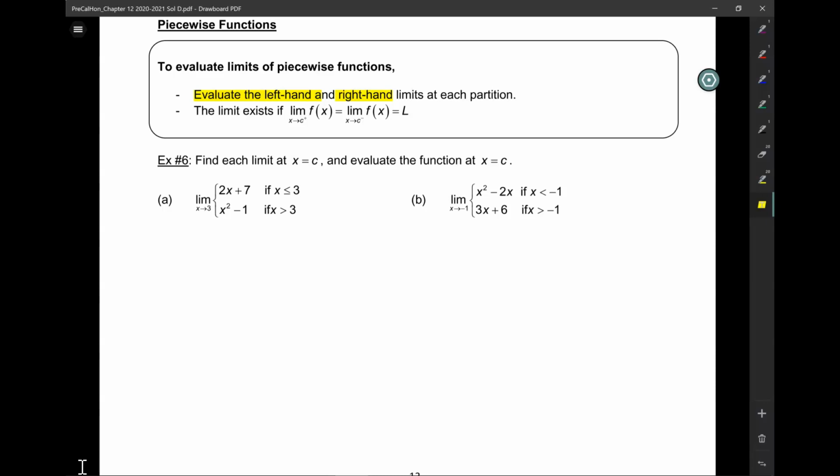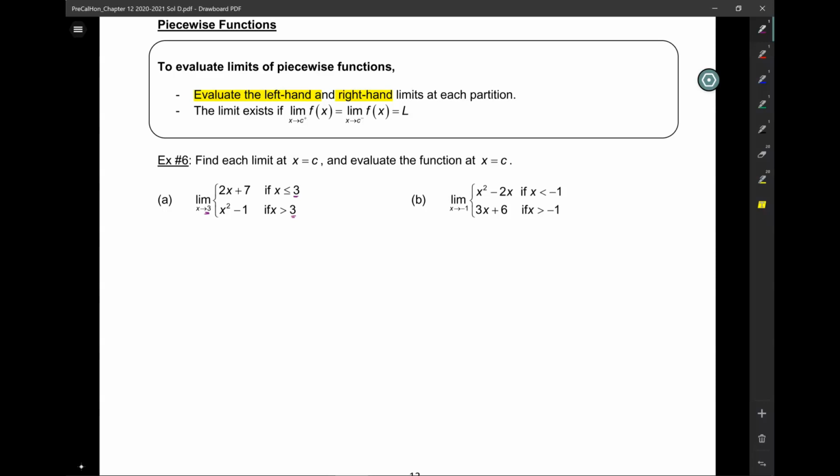You want the limit as x approaches 3, and the partition is exactly at that same point. The graph has 2x plus 7 to the left of x equals 3, and x squared minus 1 to the right.